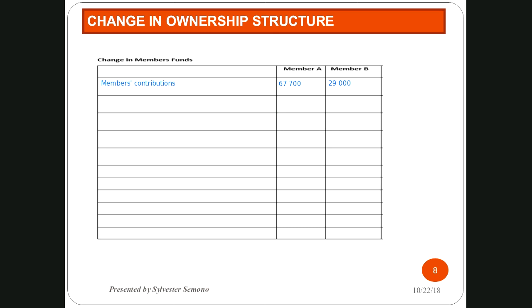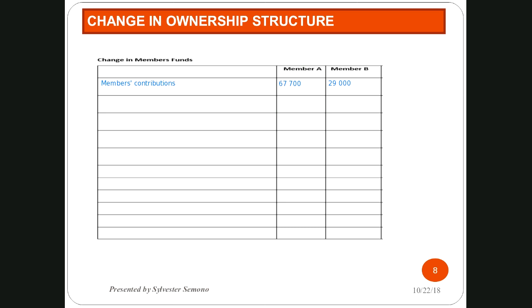So we have got the balance. Yes, we need to use the one under the date on which the transfer took place. So the amount is 89,200, but this 89,200 must be shared amongst the members by using their interests. Remember, member A's interest is 70%, member B's interest is what?